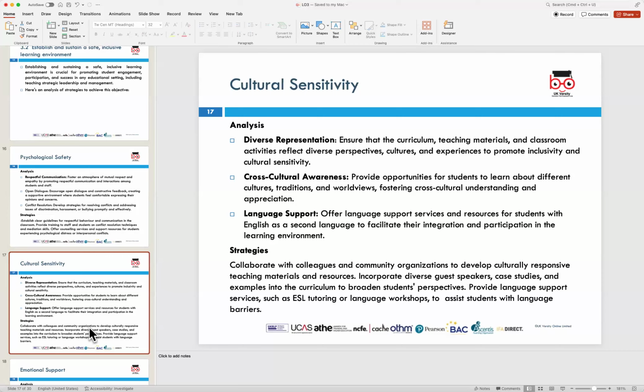Now, there could be other bits in terms of a safe environment. When we say this, you would look at cultural sensitivity, and here what we are looking at is ensuring that sometimes when you give examples in the class on activities, you're not picking up something which is not sensitive to a particular culture.